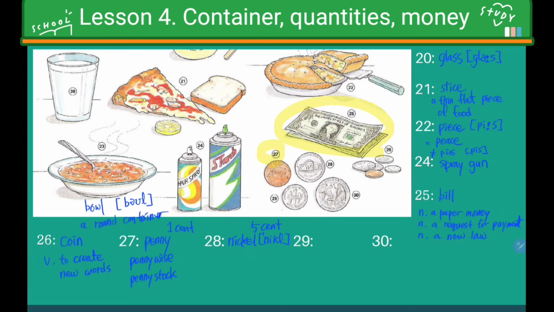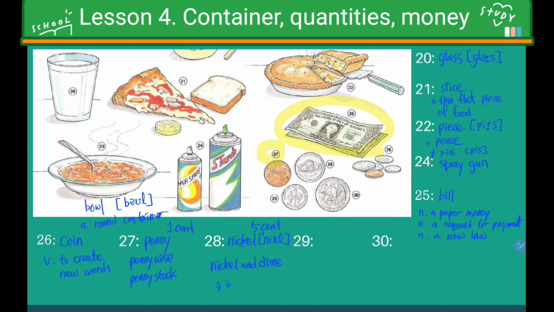And we use the term nickel and dime to refer to something that is very common and insignificant.